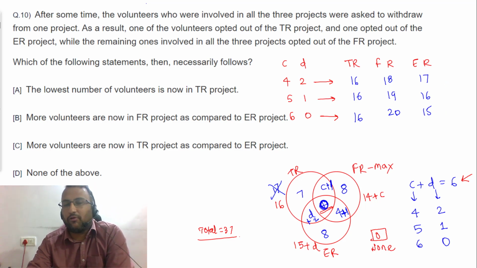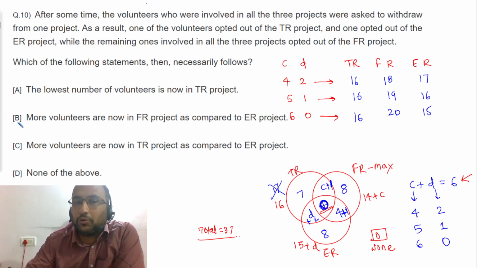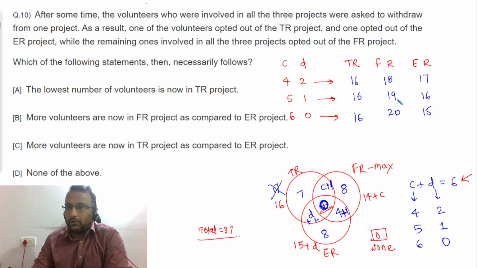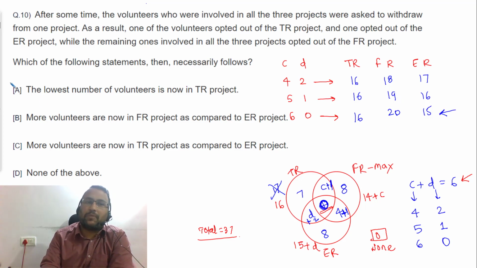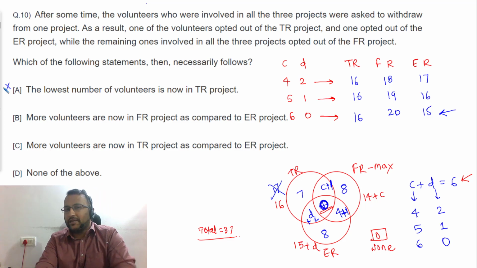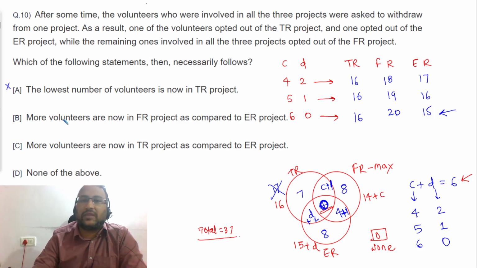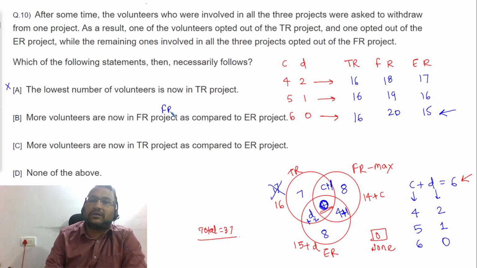So which of the following statements is necessarily true? The lowest number of volunteers are in the project TR. This is not possible in this case. So option 1 is eliminated. More volunteers are now in FR than ER. It means FR is greater than ER.